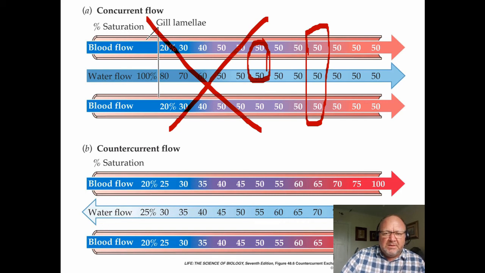Whereas on this side you can see the blood entering the gill comes in contact with the water that's exiting the gill, so there's always a favorable concentration gradient.